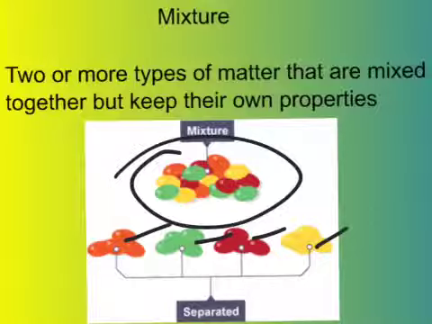However, we can separate these again. If you remember right in our video with the Magic School Bus, when the sugar and water combined to be a mixture, the water molecules and the sugar molecules were still separate, so they were able to be separated. That would be a mixture.